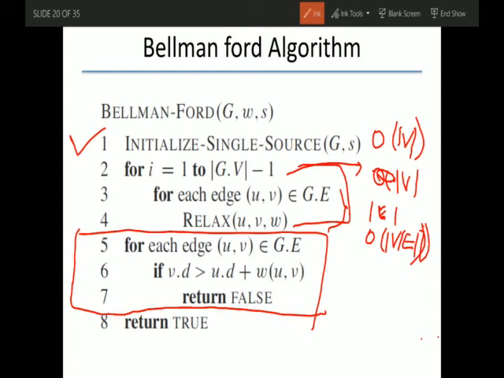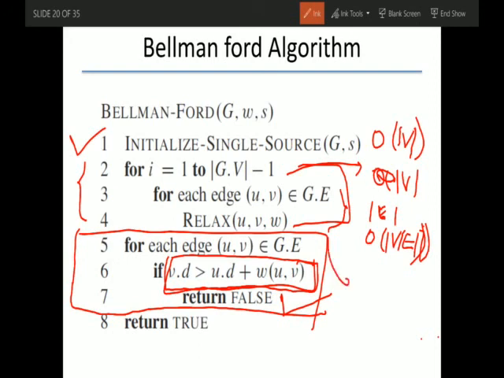If a negative weight cycle is there, then this condition will be true. After the process of relaxing from 2 to 4, if the graph has a negative weight cycle, then this condition will be true, and the algorithm will return false.